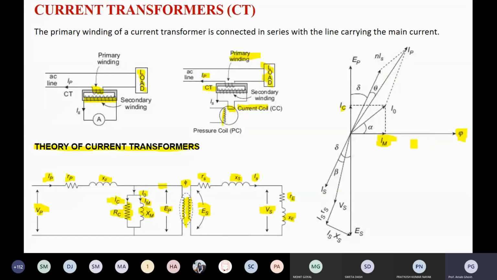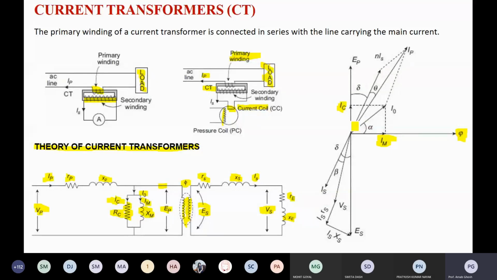So you can draw the phasor diagram. What is the value of I0? I0 is the addition of IC and IM. Now what is the value of IP? It comes from the secondary side current transferred to your primary side, and the primary current.